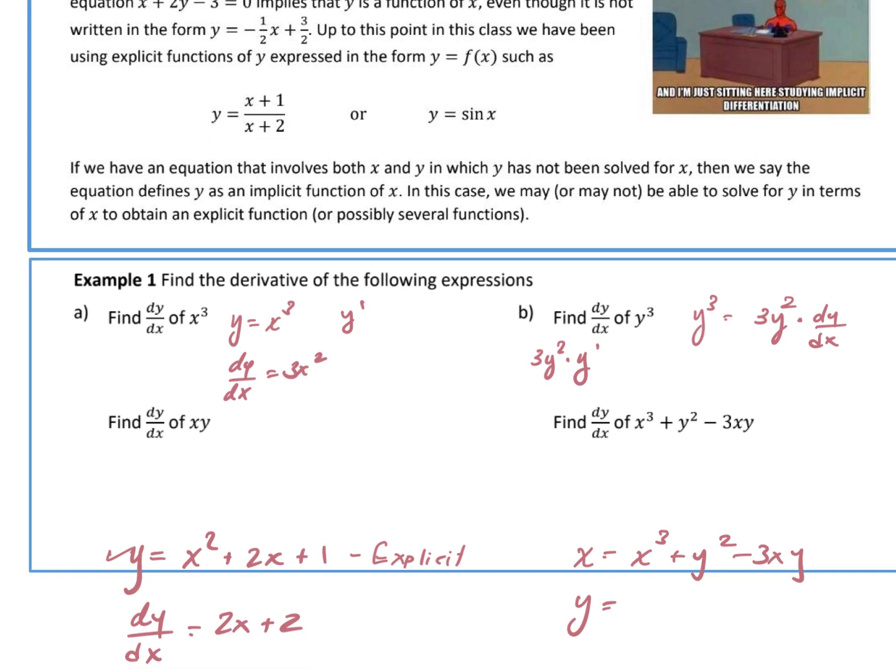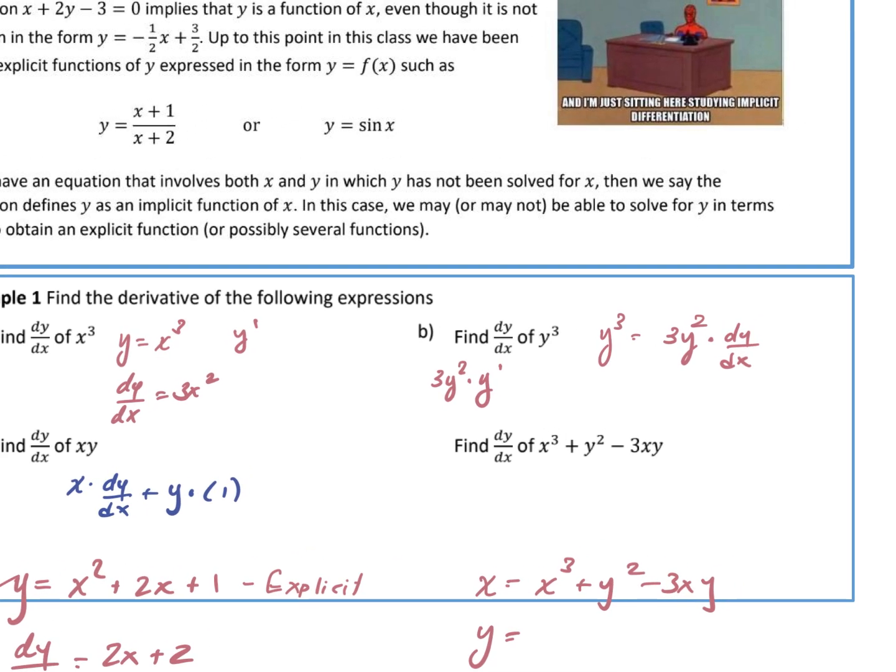So this would be the first times the derivative of the second, so it's dy/dx, or you can think of it as 1 dy/dx. So first times derivative of the second plus the second times derivative of the first, which is just 1. Again, we're going to continue to derive x as normal, but when we derive the y, we're going to attach a dy/dx to it.